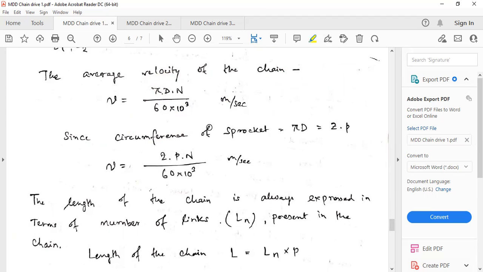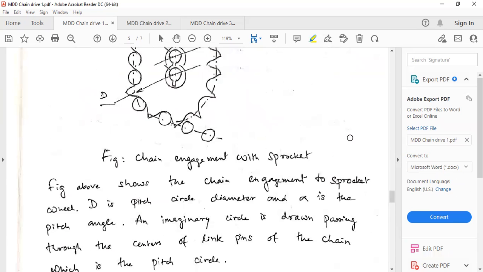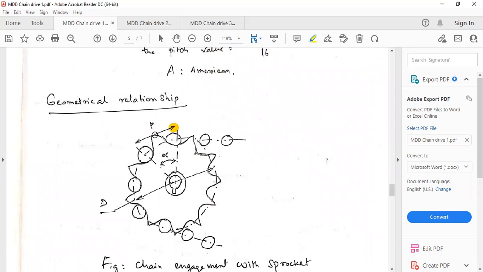Now in place of pi d, we can write number of teeth into the pitch. Because you see, this is one pitch, plus 2p, plus 3p, 4p, 5p, 6p, whatever number of teeth there are. From here to here is one tooth, next one tooth, so total teeth is 2, the third tooth comes, so total teeth is 3.